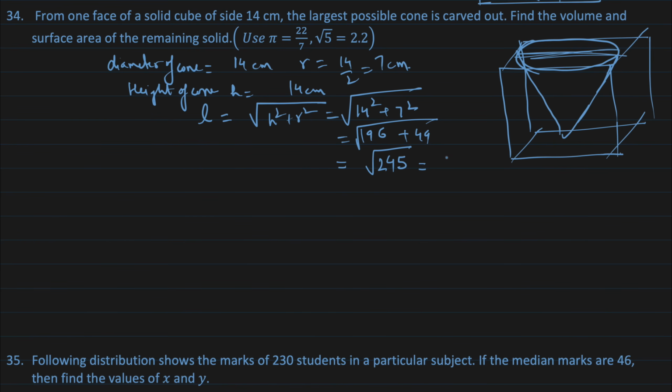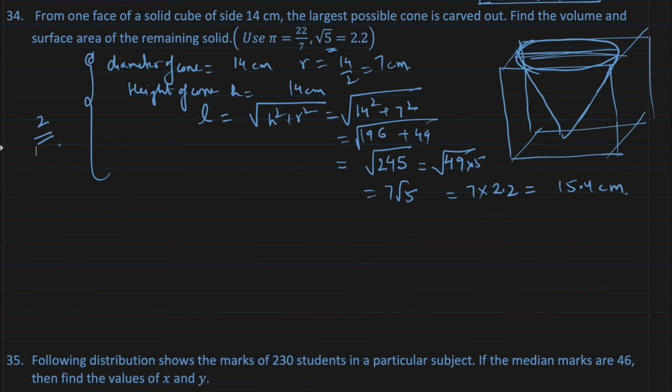So that's 5 into 49, so that changes to 7 root 5. That is why the value of root 5 is given to you. So put it down and solve it. It comes out to be 15.4 centimeter, right? So this part is done. Calculating till here, 2 marks you will get for all this part only, when you mention everything. Now, let's get to the volume now.